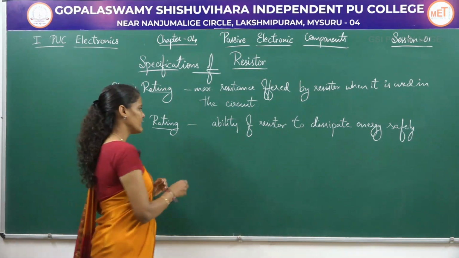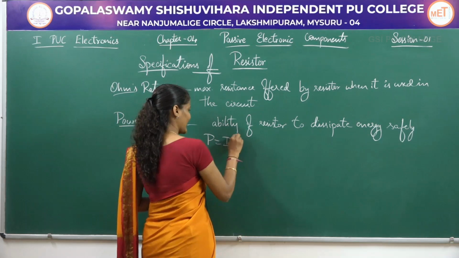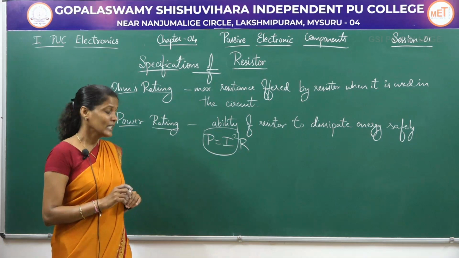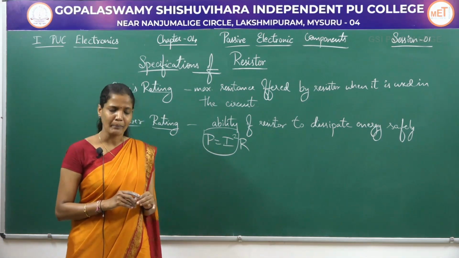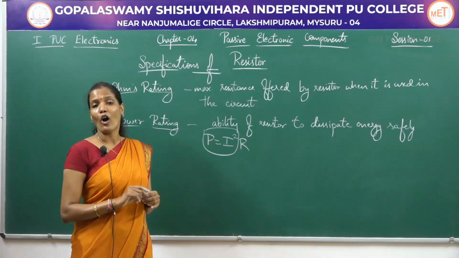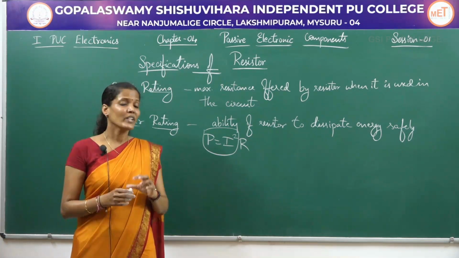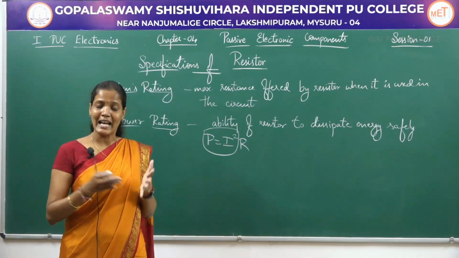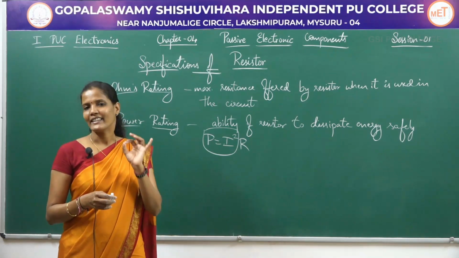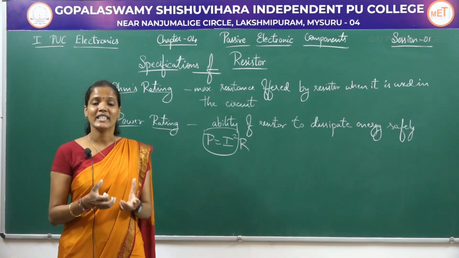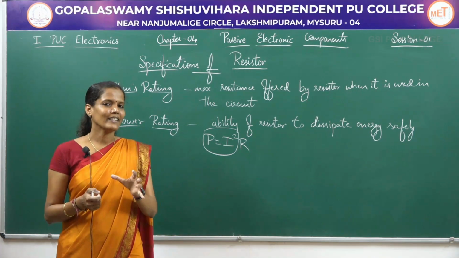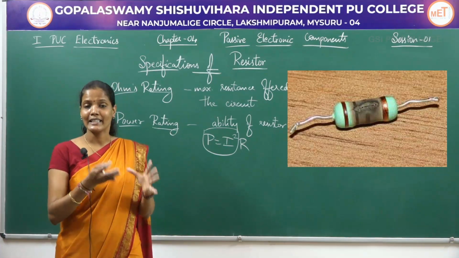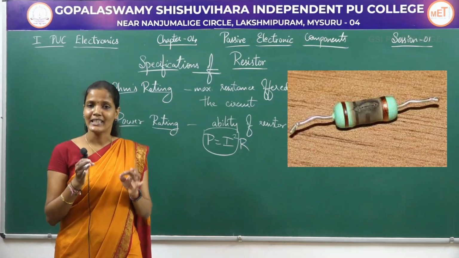But we have a power relation, P is equal to I square into R. Here P is directly proportional to I square. So, the power rating will entirely depend upon the current flow. Whenever the current flowing through the resistor has increased to a larger extent, then that resistor will not be able to withstand that higher current. So, that resistor will be burned out, in the sense that the resistor cannot be used further in the same circuit.